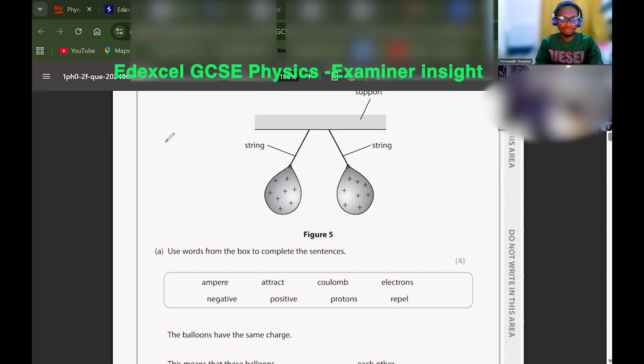So the balloon, at a normal case, before it was rubbed on the clothes, is neutral, meaning that, let's say, 4 positive charges, right?